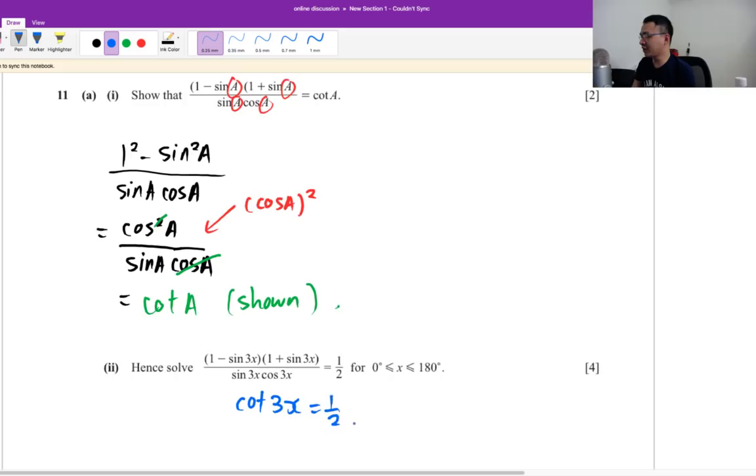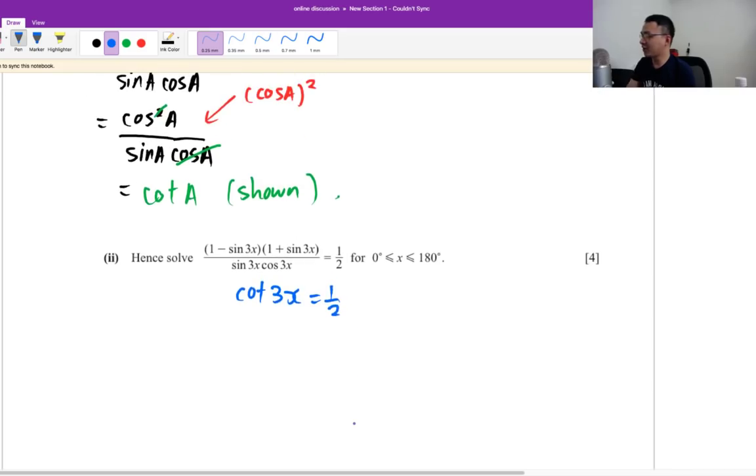And then we'll solve this equation. But before I solve this equation, I will find the range for 3x first. I multiply by 3 for the range here. So 3x should be from 0 to 540. Then I have the idea later how far my angle should go.